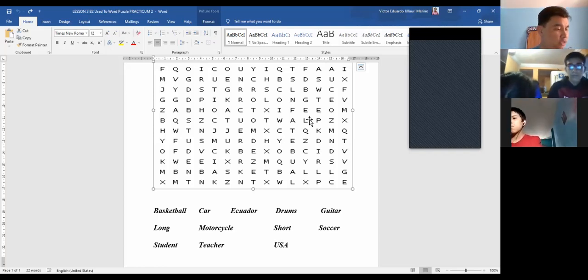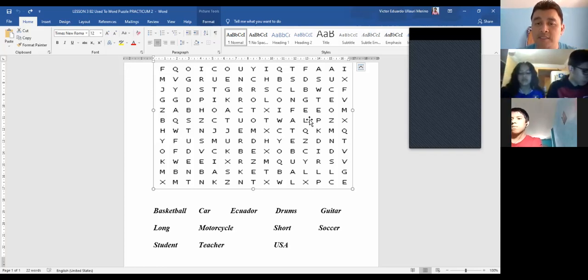Used to is for past habits, past states, things, the routines that we had in the past, but no longer in the present.